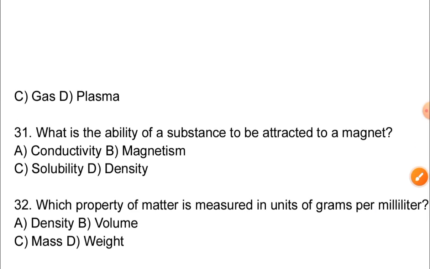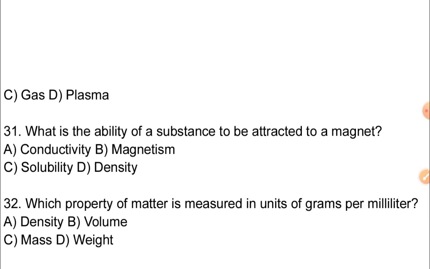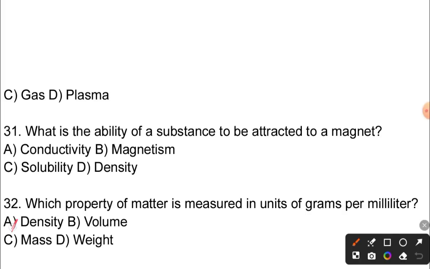Which property of matter is measured in units of gram per milliliter? Question 32, our answer is A, density. It can also be measured in gram per centimeter cube or kilogram per meter cube.